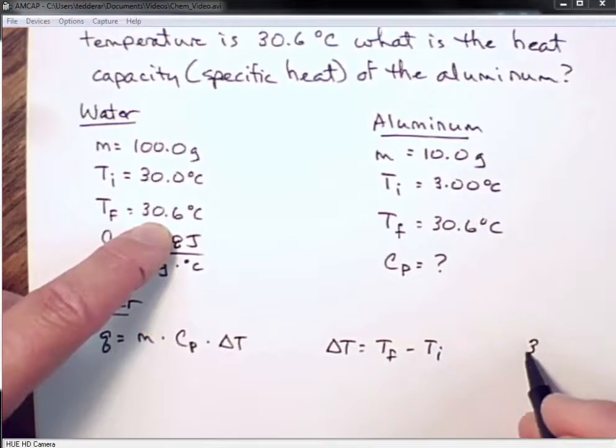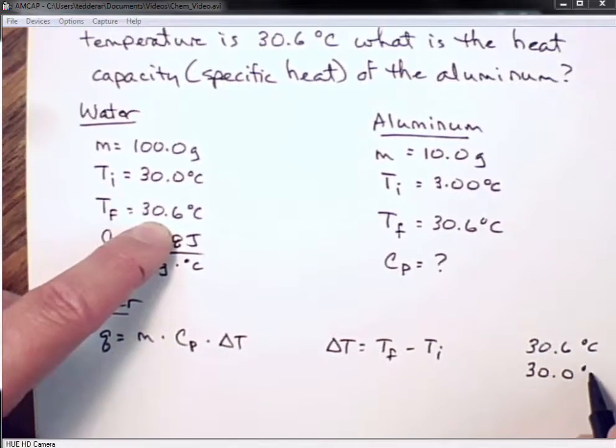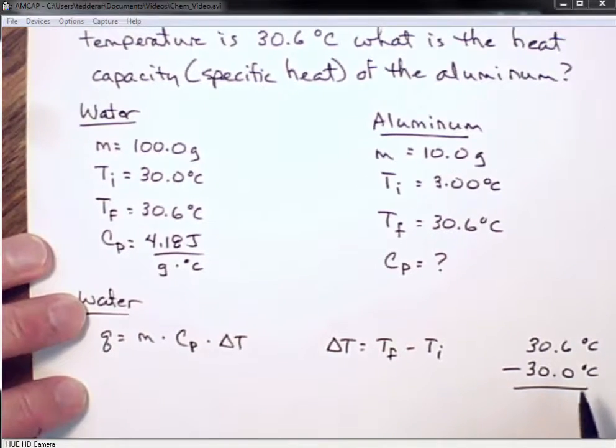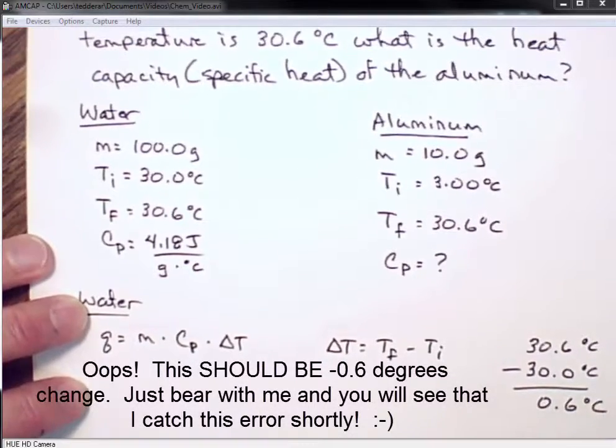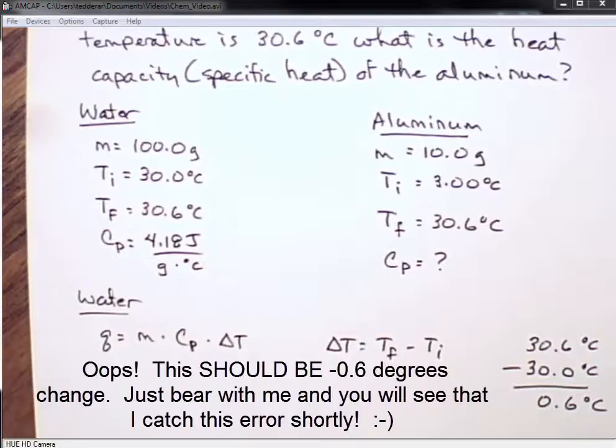Our final temperature is 30.6 degrees C. Our initial temperature is 30.0 degrees C. We subtract, and we get 0.6 degrees C change.